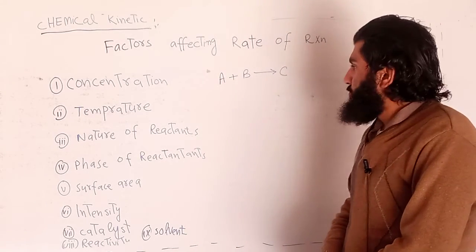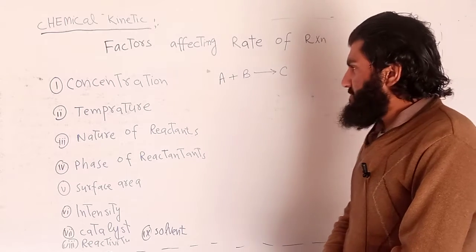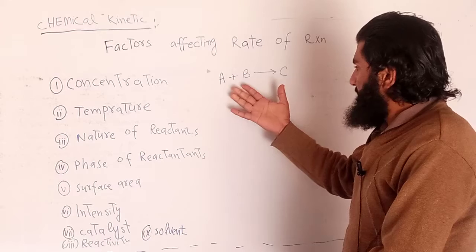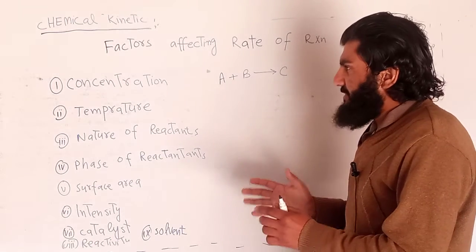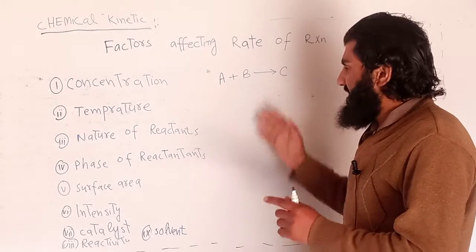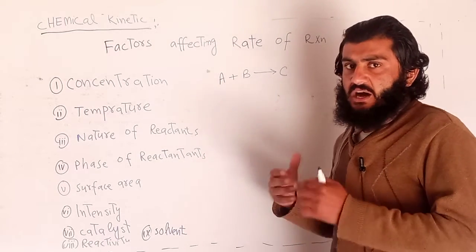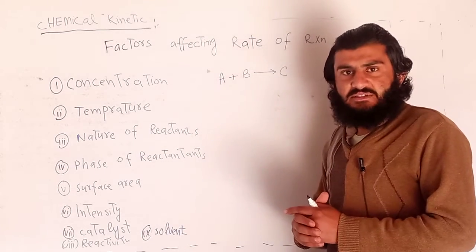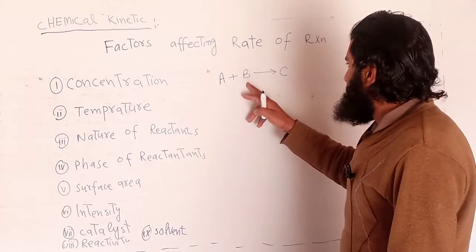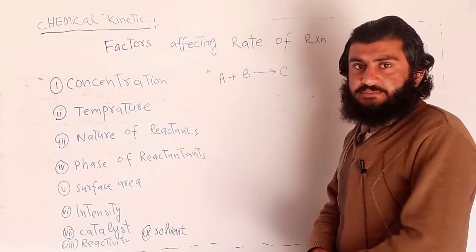Clear? So there are some MCQs which I want to share with you. Initially the rate of reaction is very high. All these contents I have talked about in the first lecture. A reacts with B and forms C, which is a product.